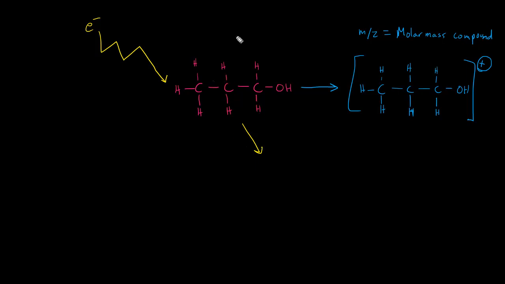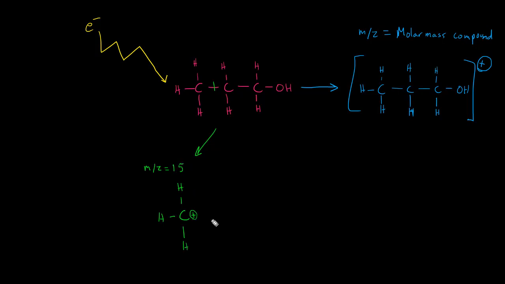If, for example, and actually let me use a different color here, if we broke the molecule here, what will happen is that we would end up with, depending on which way the electron went, this fragment on the left side, where we have the CH3 with a plus charge, in which case the mass to charge ratio, which will be equal to the molar mass of this, will be 12 plus 1 plus 1 plus 1 is 15.